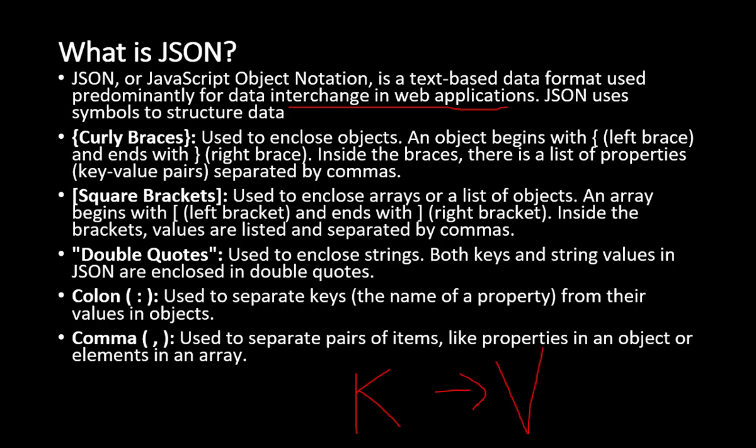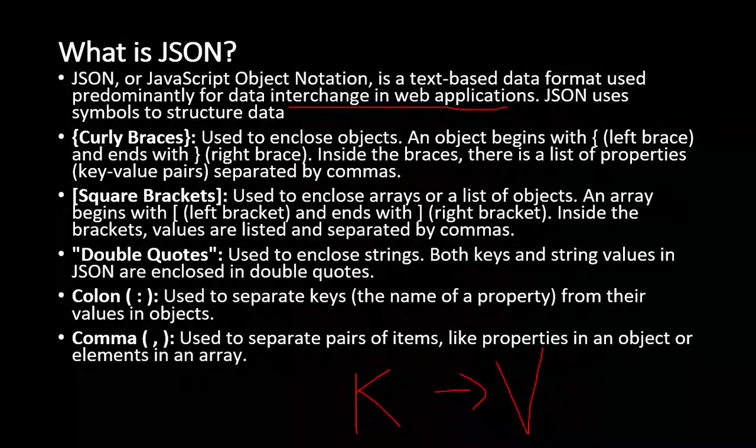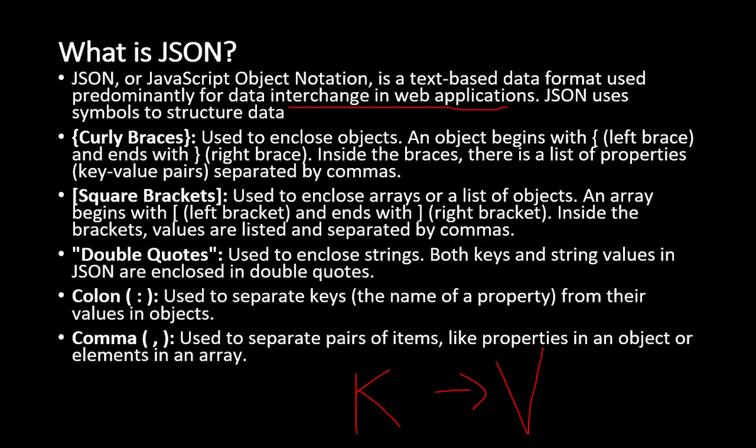So it makes the data representation very smooth and clear cut. Like employee ID, and then what is the ID value, like 2345 and so on. Then another key can be name, and then its value can be like John.